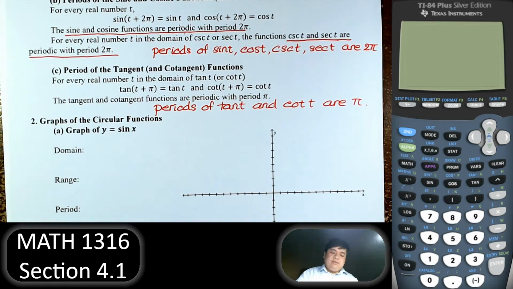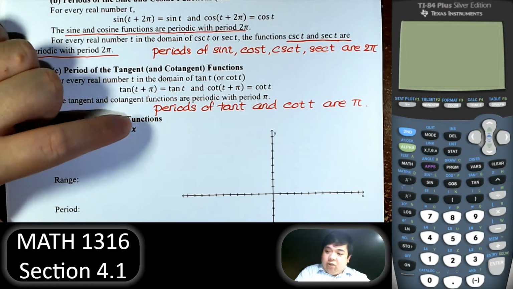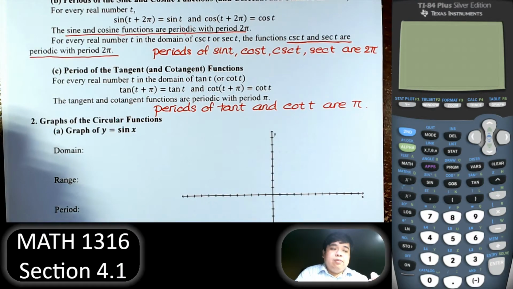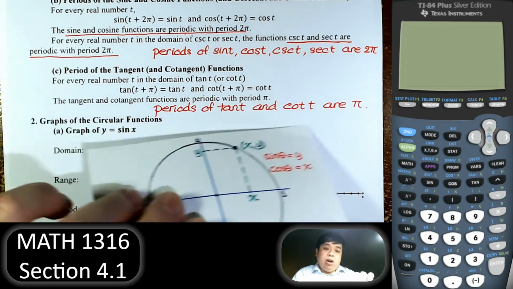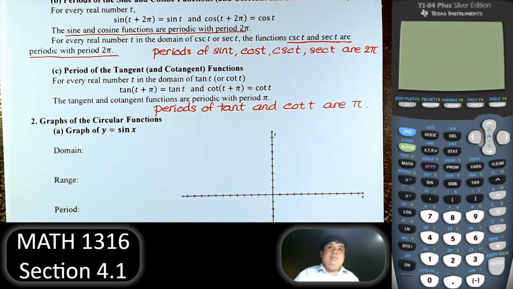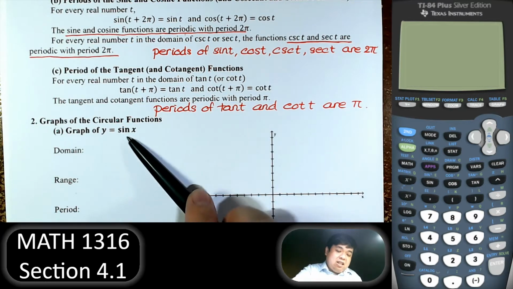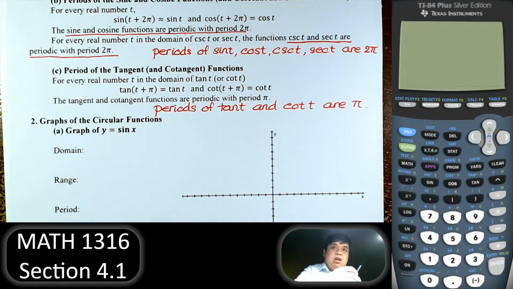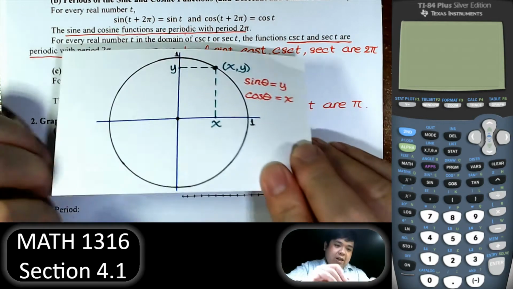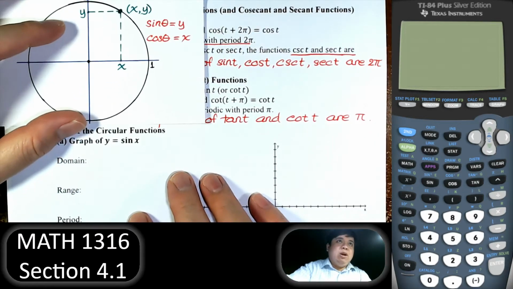So x here is the angle, or we call it t. But because when we usually graph, we have the x-axis as the horizontal axis and the y-axis as the vertical axis, so usually we have x and y. But in this case, x is the angle and y is the values of the trig function. Right, so back to the unit circle, this one.